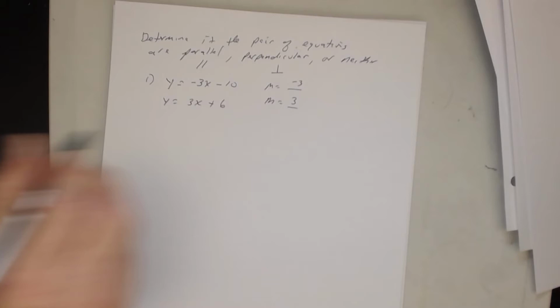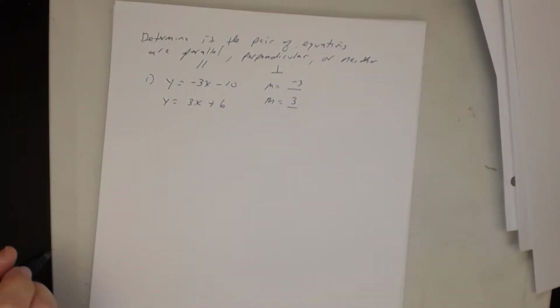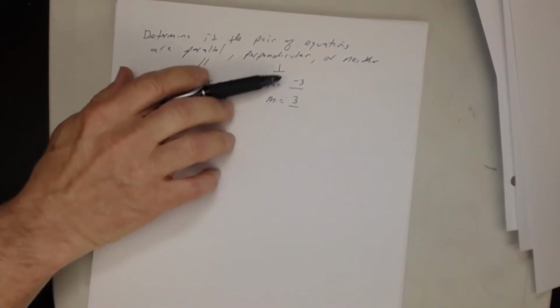Positive 3. Compare those two numbers. Are they the same? No. Are they negative reciprocals of each other? No, they're not. What's the reciprocal of 3? 1/3. Do you see a 1/3 anywhere?